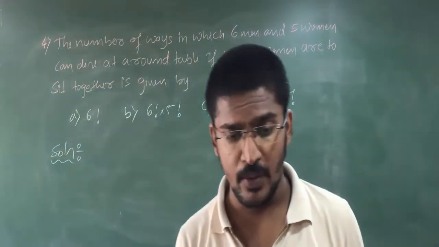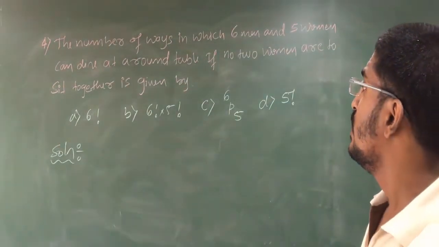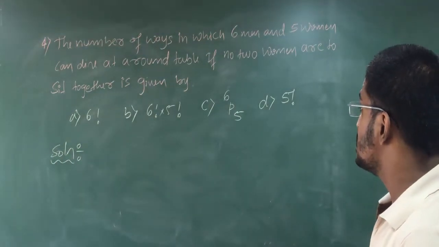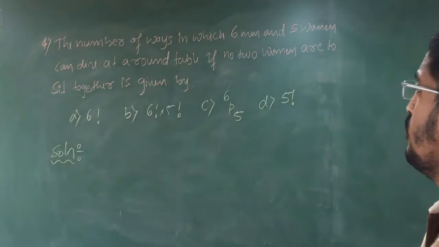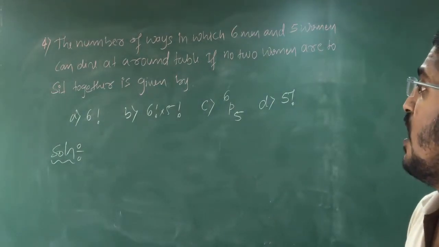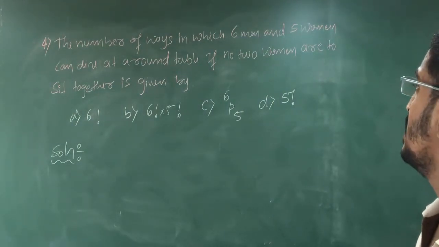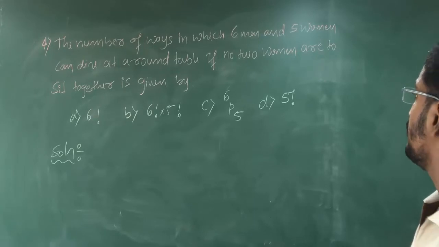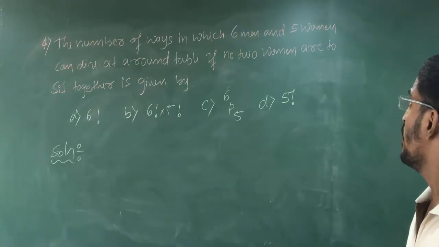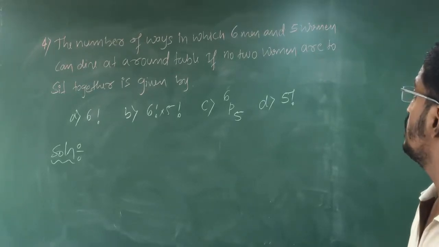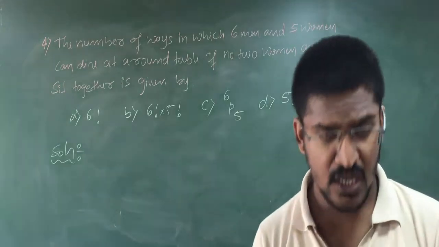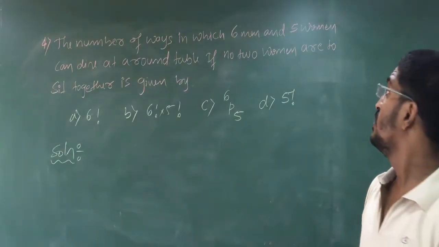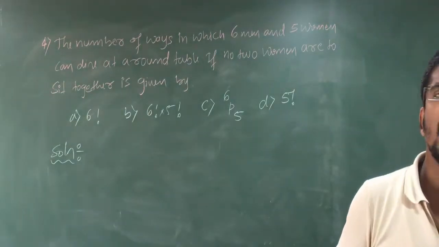In this problem, what they are asking: the number of ways in which 6 men and 5 women can dine at a round table if no 2 women are to sit together is given by. Okay. So here there are 6 men and 5 women.